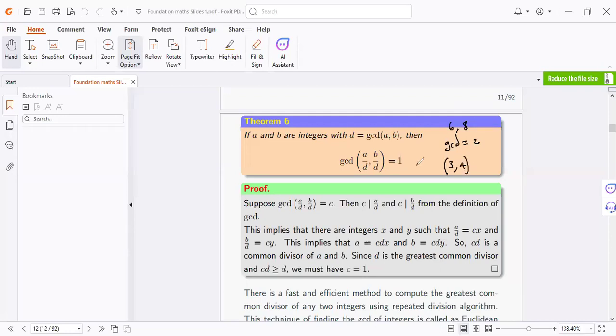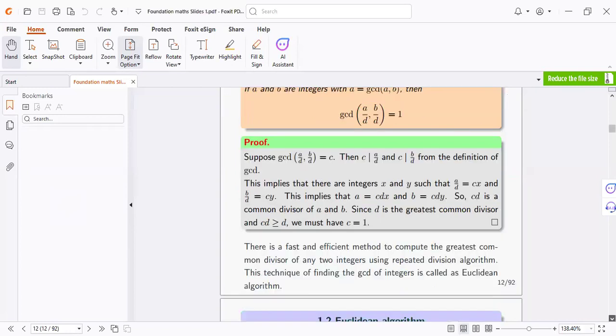What this theorem is saying is that the GCD of those numbers that we get after dividing by the GCD will then be 1. That is what this theorem is saying. And again, we will see how to apply this theorem. As I said earlier, it is very important going forward.